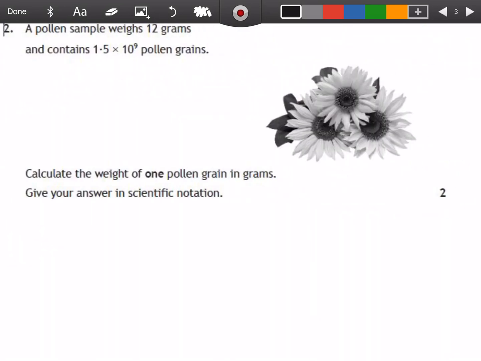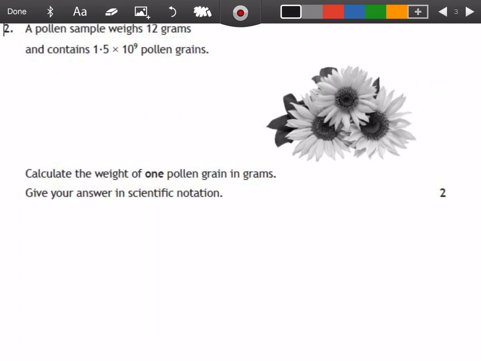Number 2. Right, I remember when this one came up in the exam paper. Oh, you won't believe, question 2, how many people got this mixed up. Right, so a pollen sample weighs 12 grams and it contains 1.5 times 10 to the power 9 pollen grains. What is the weight of 1 pollen grain? Right, you know the weight of 1.5 times 10 to the power 9 pollen grains.